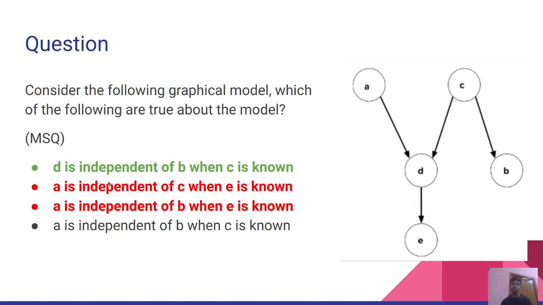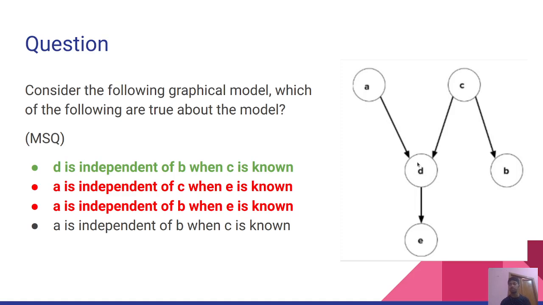In the first option, C is known. Basically if we consider it in two parts, D and B are dependent because C is not known here, and because they are dependent, it breaks the relationship that A is independent of D and D is independent of B. Because they are dependent, you cannot say transitively that they are independent.